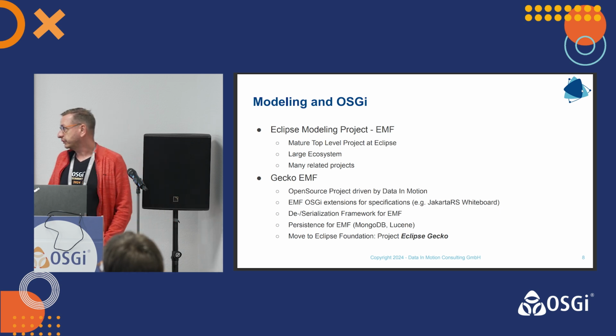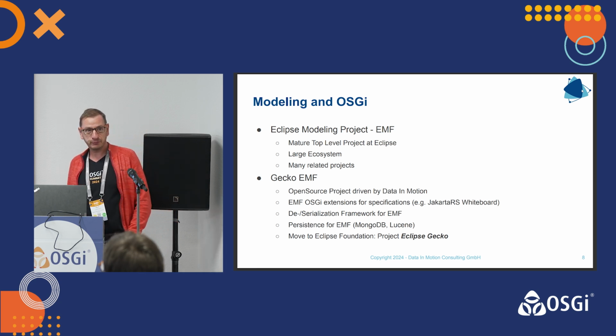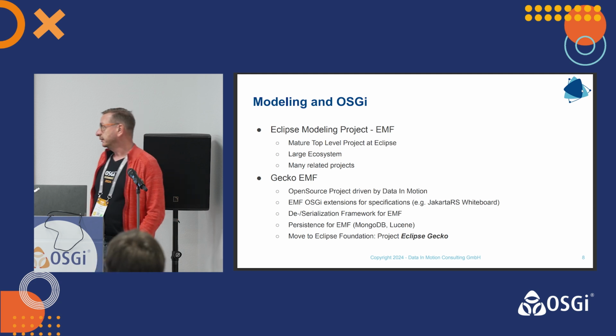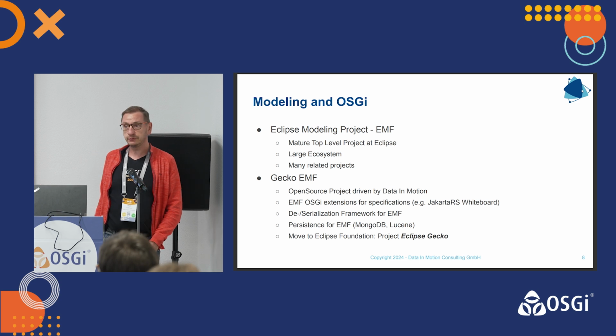In addition to that, we have Gecko EMF, which is a Data In Motion open source project. We have created some extensions to deal with EMF in a pure OSGi environment. A few years ago, I already had a talk about our base components.